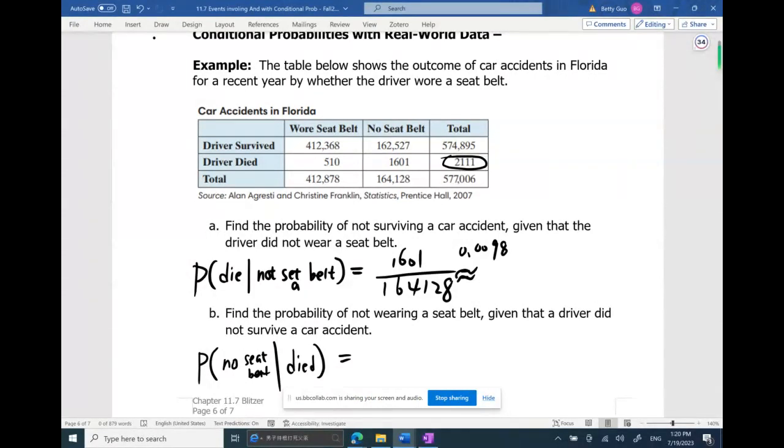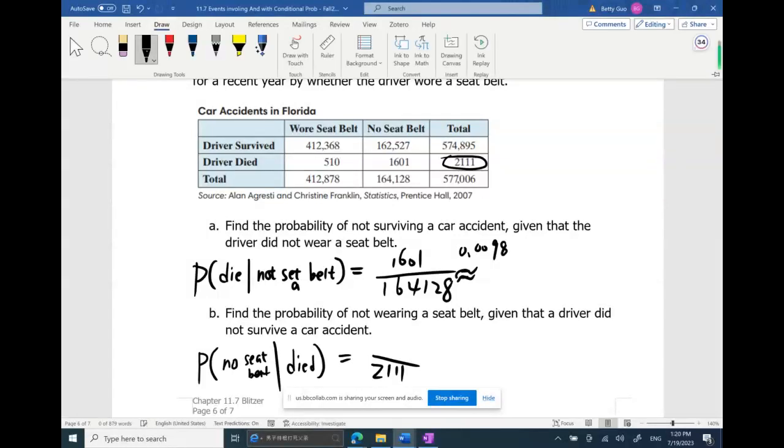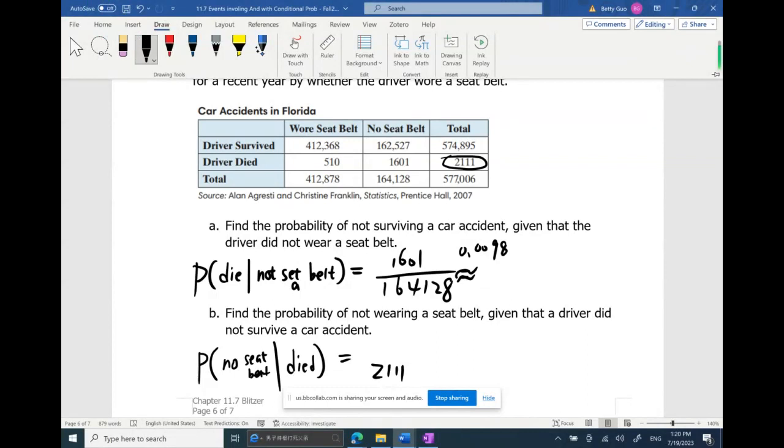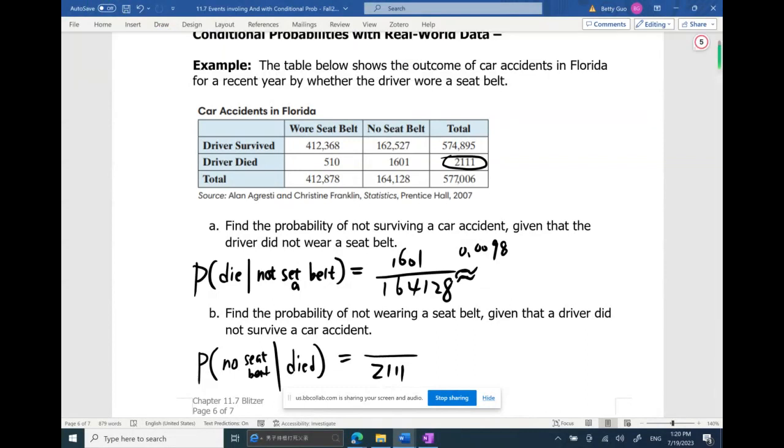The new sample space, the restricted or shrunk sample space: among those people who already died, 2111, how many of them did not wear a seatbelt? 1601, right? And this probability is going to be huge.